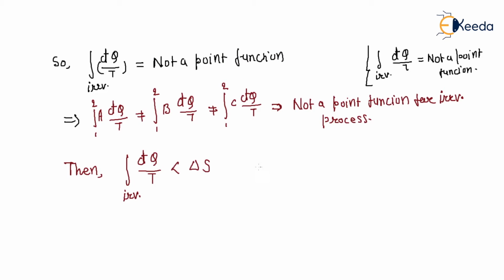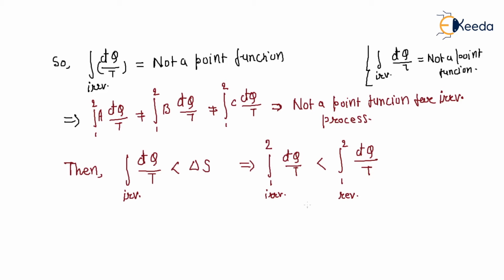So what if we process from 1 to 2? The integral of dQ by T for irreversible is always less than the integral from 1 to 2 of dQ by T for reversible, right?